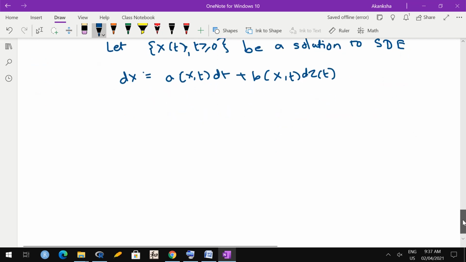So xt is a solution to this, and now we want to talk about a function of xt. Let g(xt, t) be a twice continuously differentiable function.